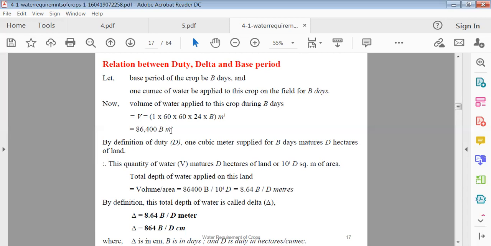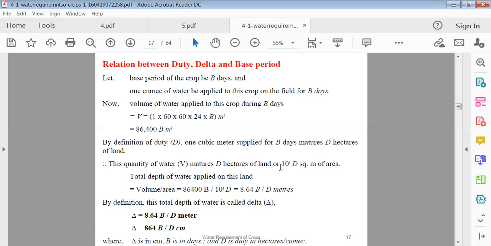For example, if B is 100 days and D is 500 hectares, you have to supply water for 100 days up to the total 500 hectares of land. That is the meaning. So D is the land, and B is the number of days the water should be supplied.